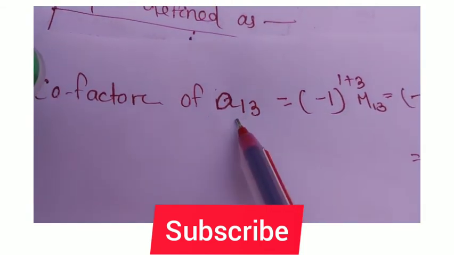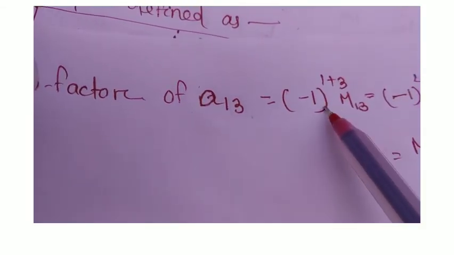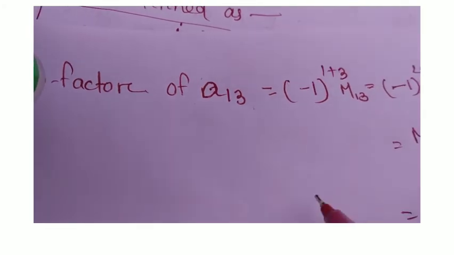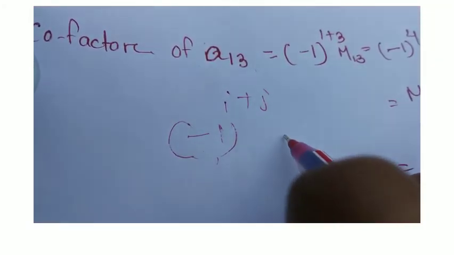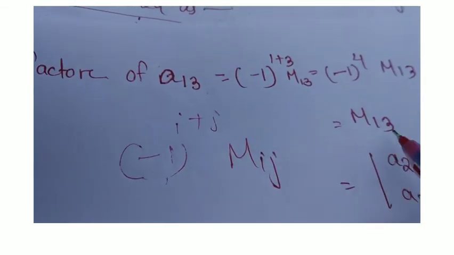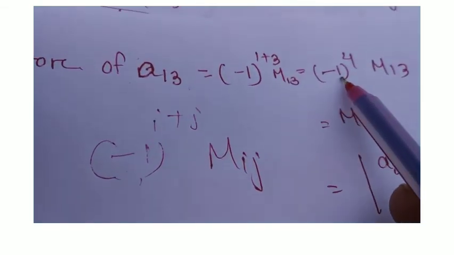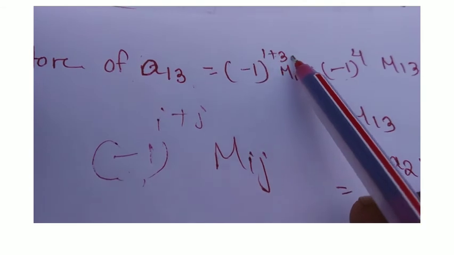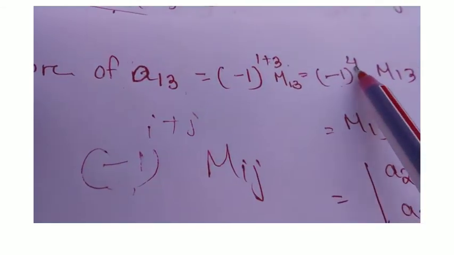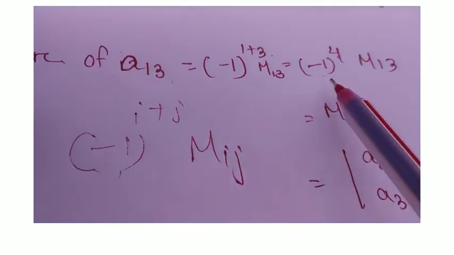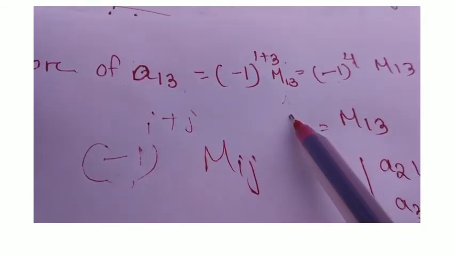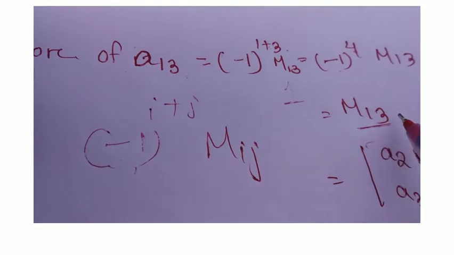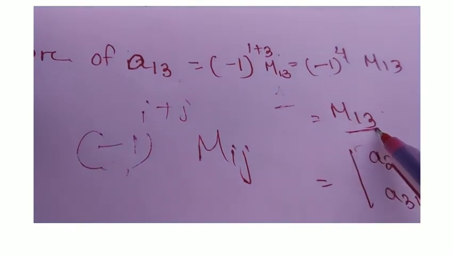Similarly, the cofactor of a13, putting in this formula, is minus 1 to the power i plus j into mij, which is minus 1 to the power 1 plus 3, that is 4, into m13. Minus 1 to the power 4 is 1, so it is 1 into m13.